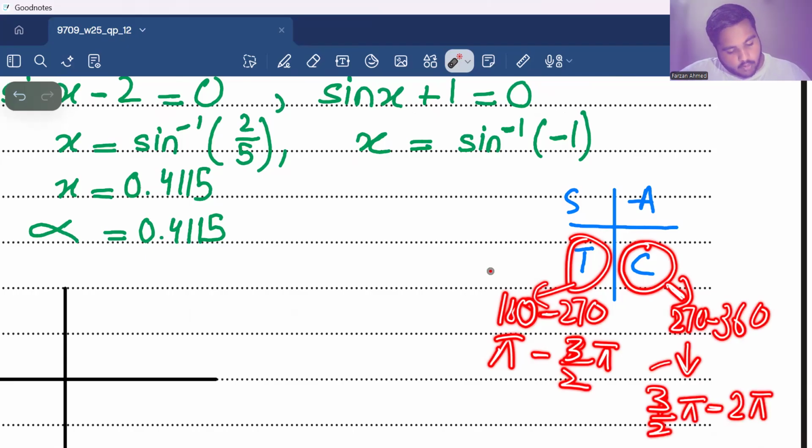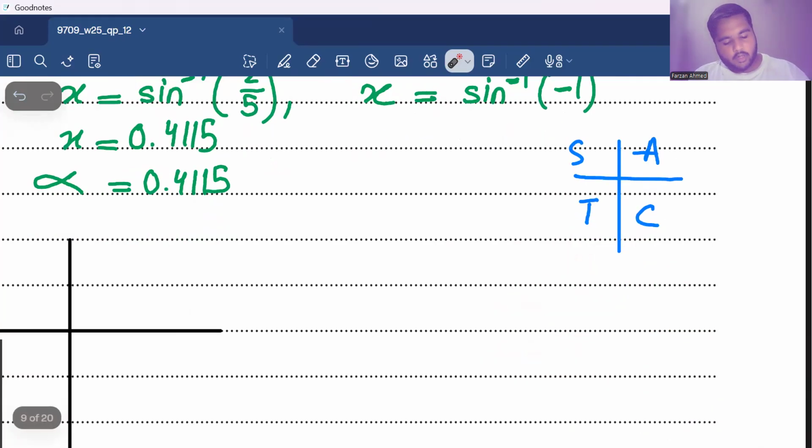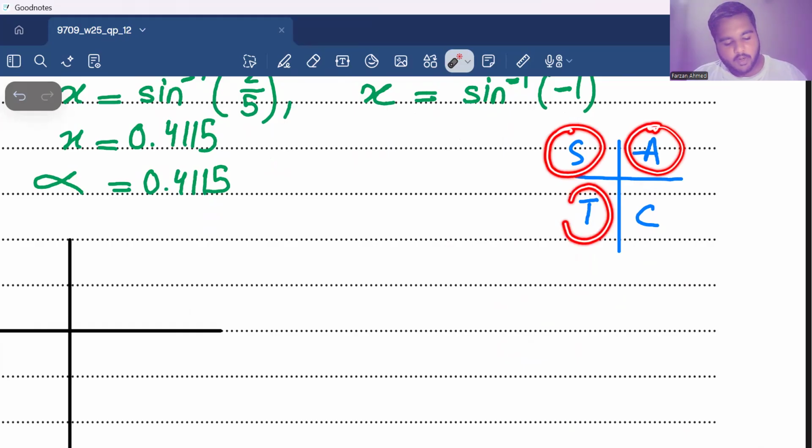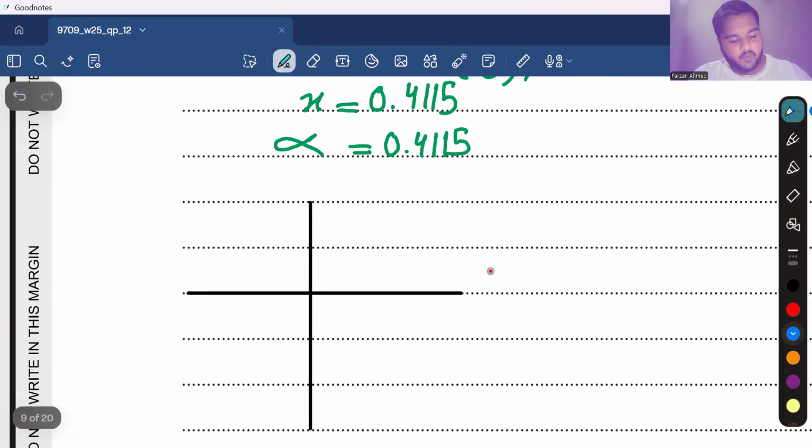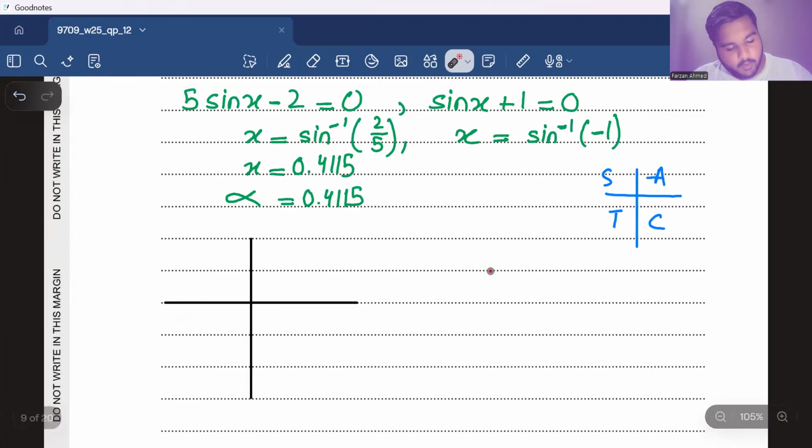Here is a small concept you have to know. In this quadrant, all of sine, tangent and cos are positive. In this, sine is positive and the others will be negative. In this, tangent will be positive and the others negative. In this, cos will be positive and the others negative. So we have sine positive, so we will use this and this.